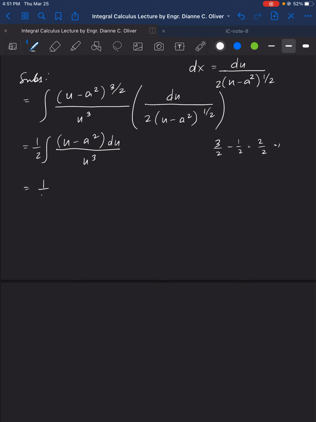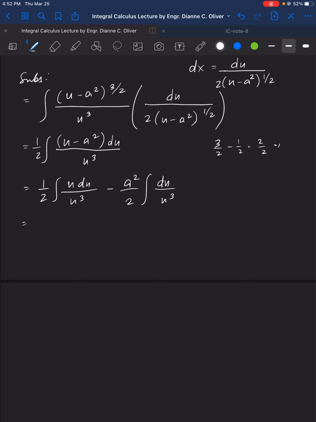Distribute, we have here 1/2 integral of u du all over u raised to 3 minus constant a squared over 2 integral of du over u raised to 3.